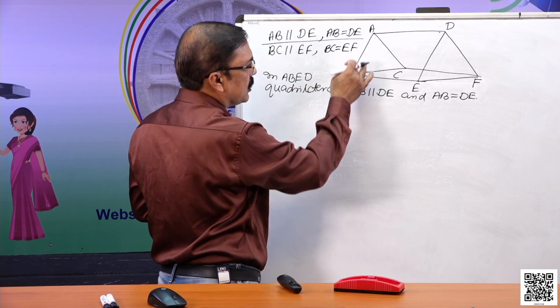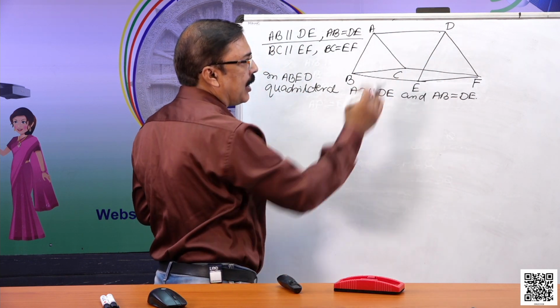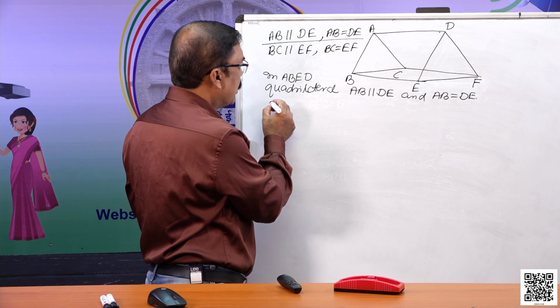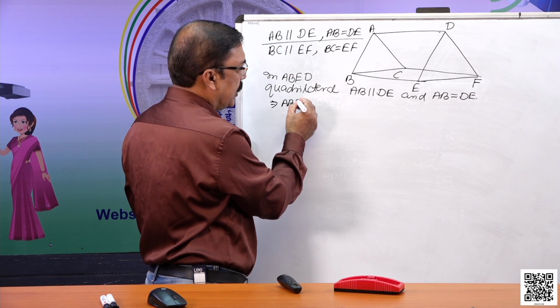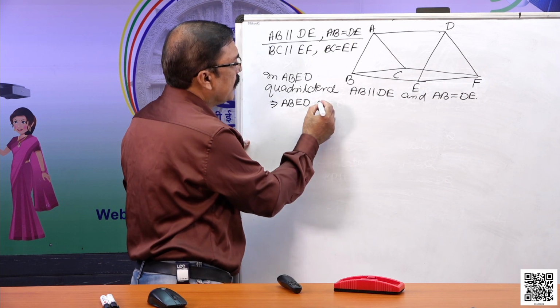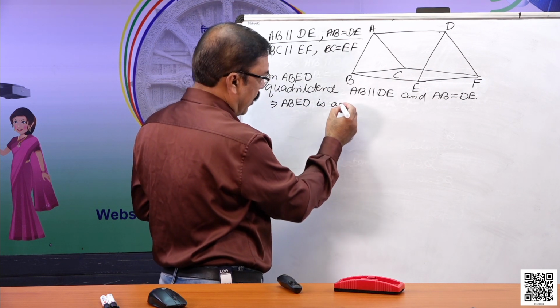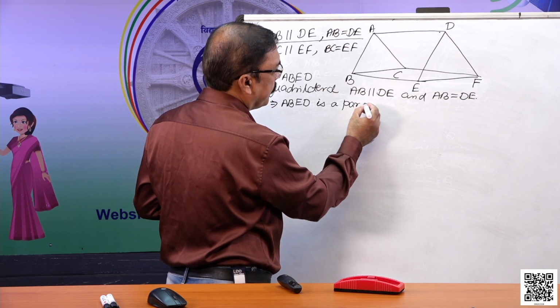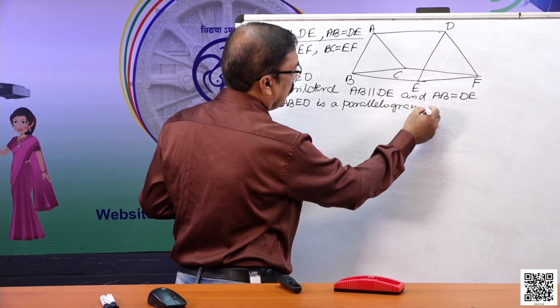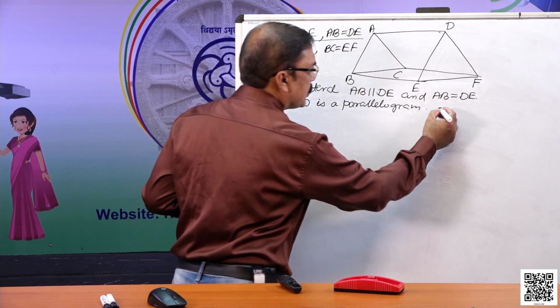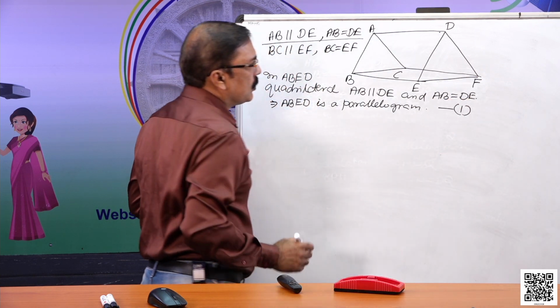As the opposite sides of a quadrilateral are equal and parallel, we can say that ABED is a parallelogram. This is the first part to prove.